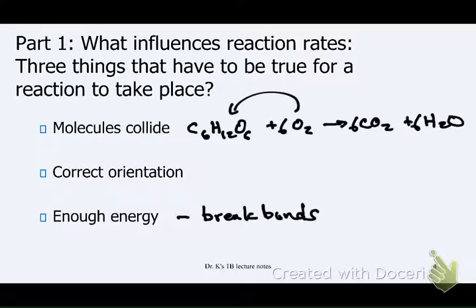These have to collide with each other. And here's the other thing that people don't think about. When two molecules collide, if they don't collide the right way, you don't get the right product out. So orientation of the collision is important, okay?